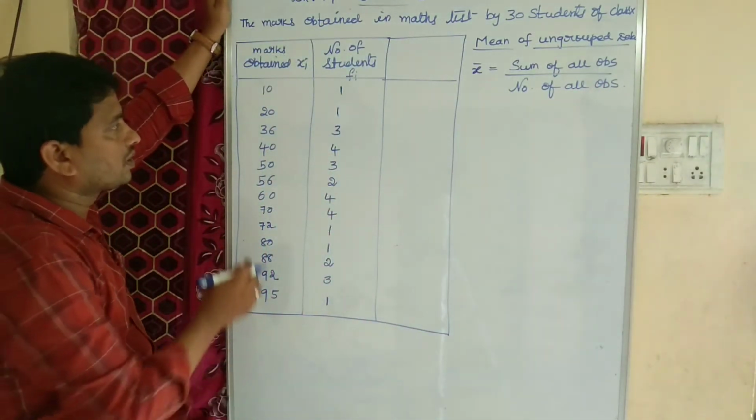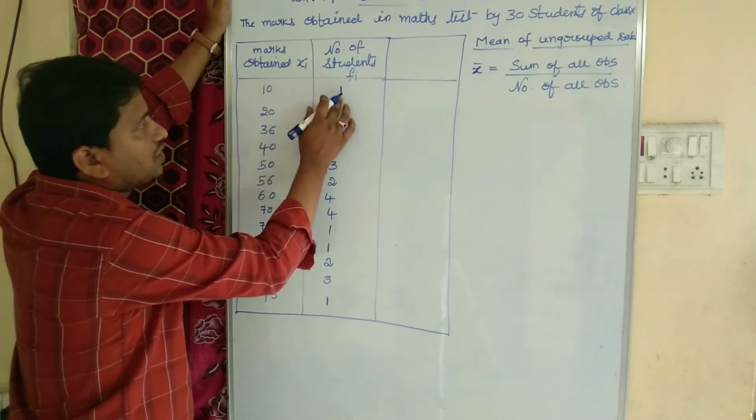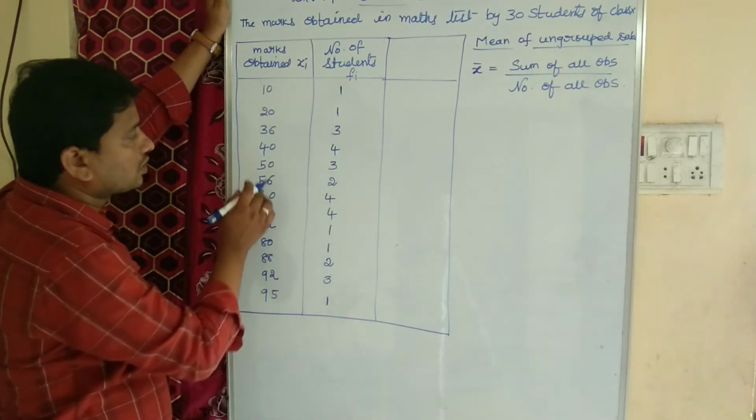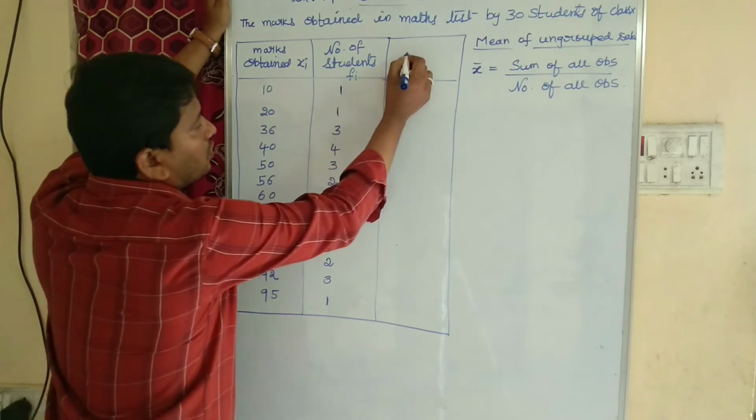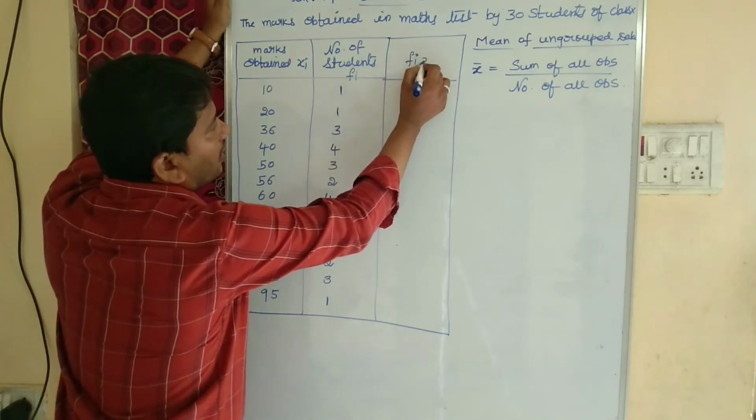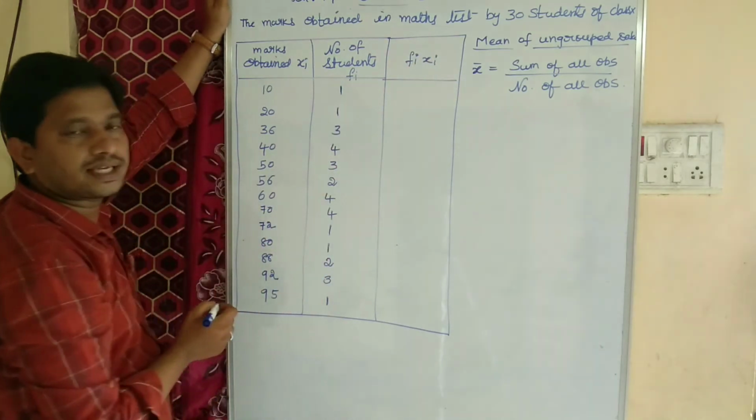See here, 10 marks, 1 student got. So we have to find fi and xi.